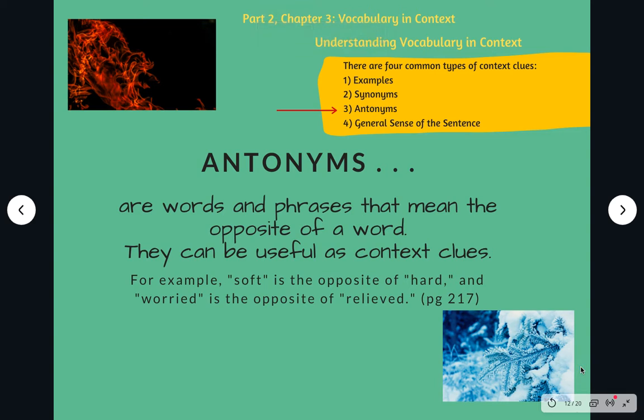Hello, my friends. This is part 2 of the chapter called Chapter 3, Vocabulary in Context. This chapter is found in part 2 of our textbook.